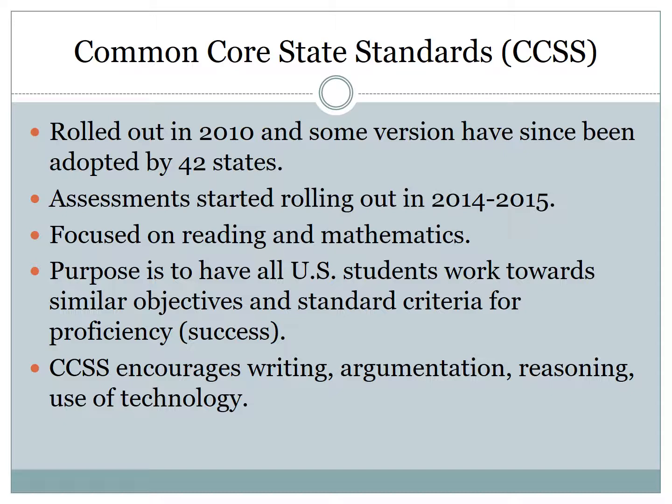So we know, for example, how a student in New York compares in multiplication standards with a student in Alabama or a student in California. The Common Core State Standards, abbreviated CCSS, also tend to encourage more writing, more in-depth analysis, argumentation, reasoning, and the use of technology.